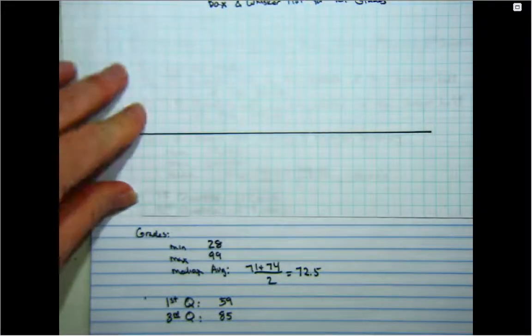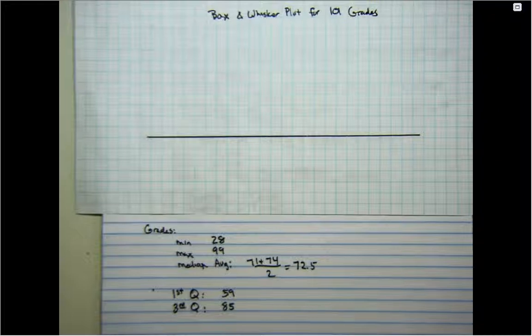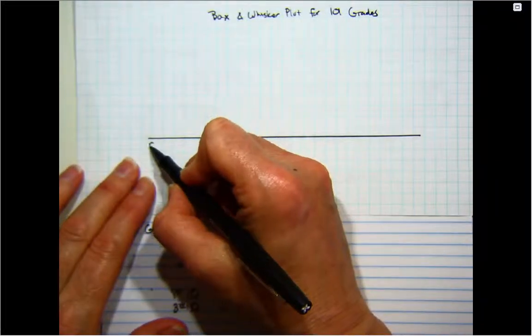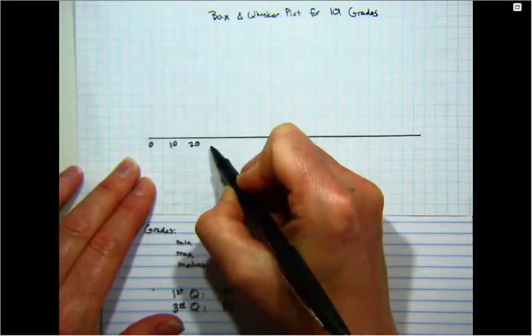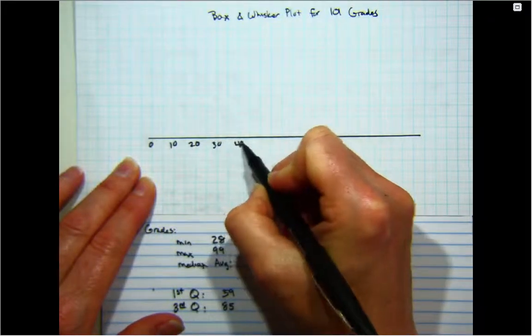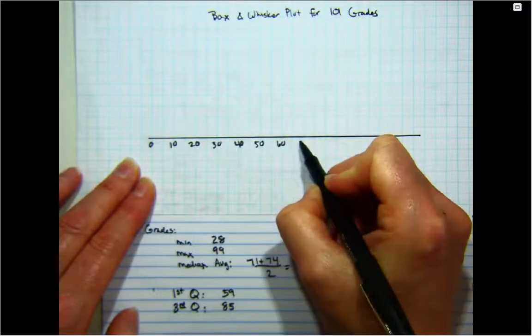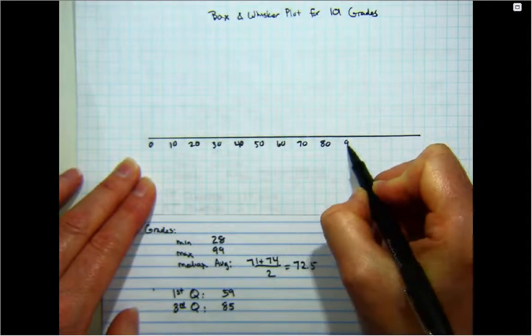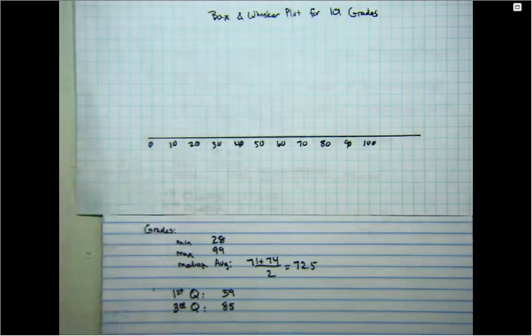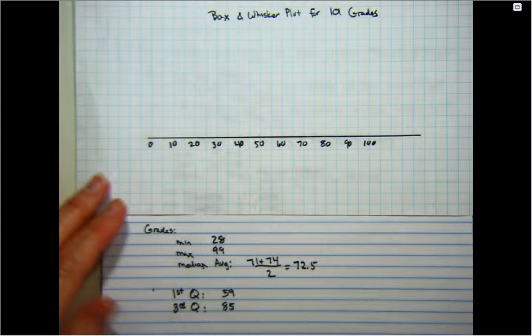So this is a box and whisker plot for Math 101 grades. We label our scale. So, a nice consistent scale. We want those long whiskers to show that the quartile is all spread out, if that's the case. So you don't change your scale.